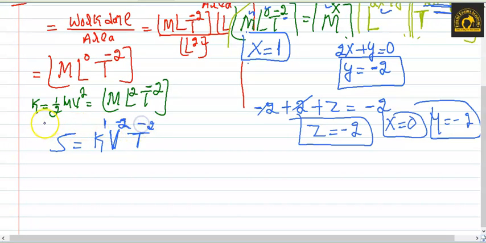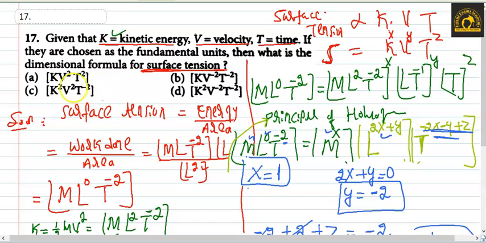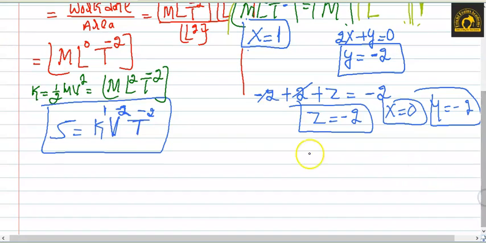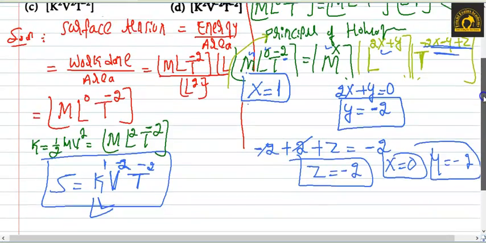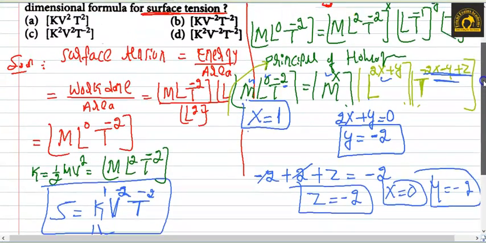So the final answer is the surface tension is equal to K to the power of 1, v to the power of minus 2, and then t to the power of minus 2.